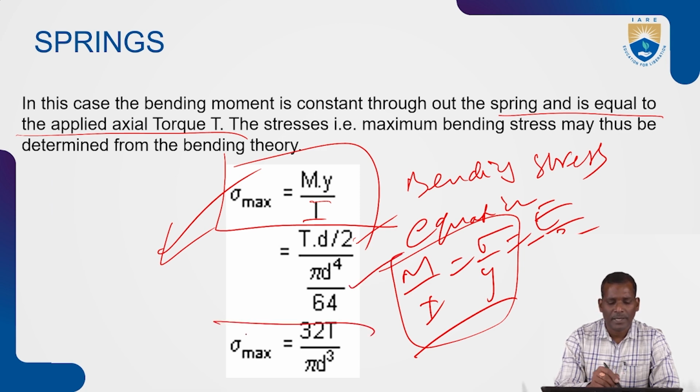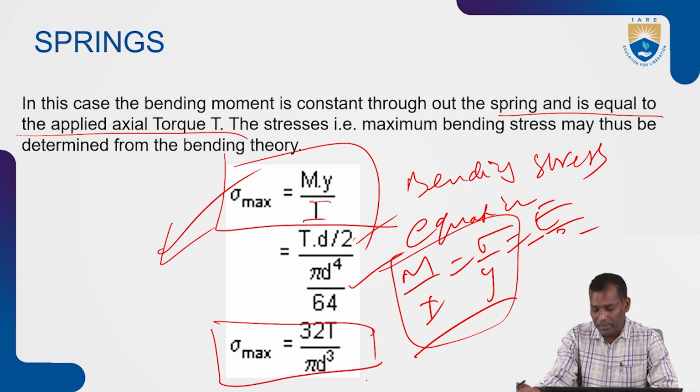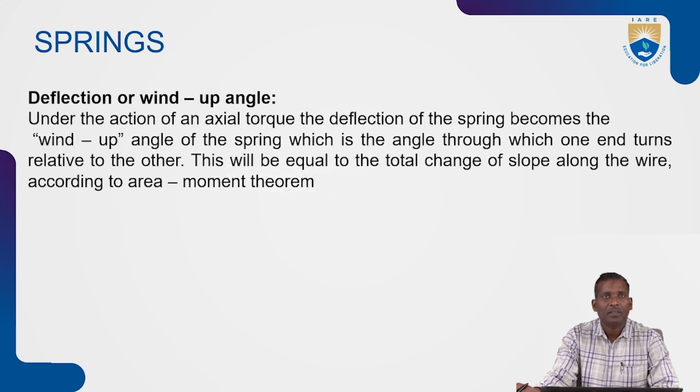So finally we will get 32 T by pi d cube. So this is the maximum bending stress.